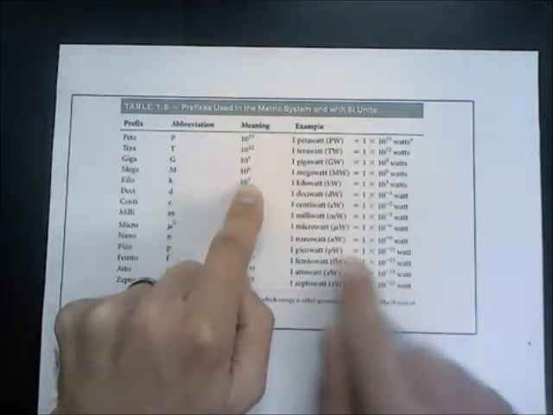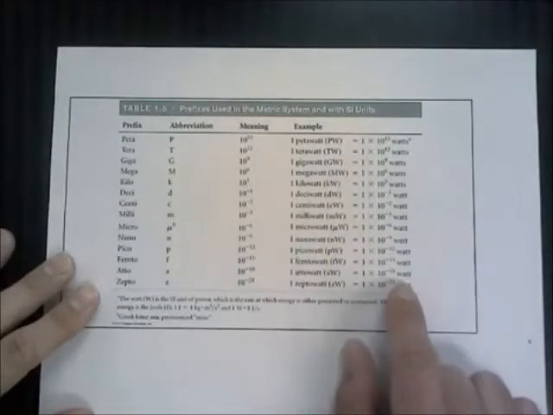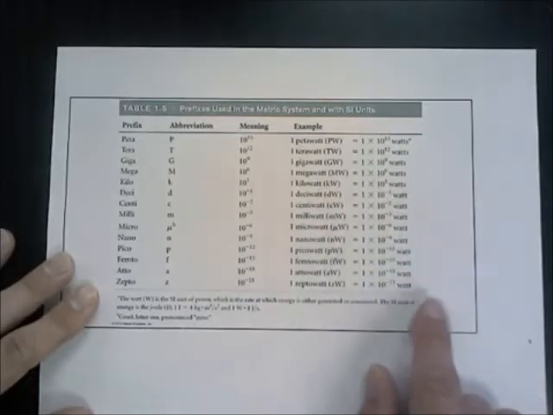So you need to be able to know, for example, that a kilo unit is 1 times 10 to the third of a base unit. And what's really helpful here, the examples in this chart are going over watts, but you can tell what one of these either large or small units is equal to in accordance with that base unit.